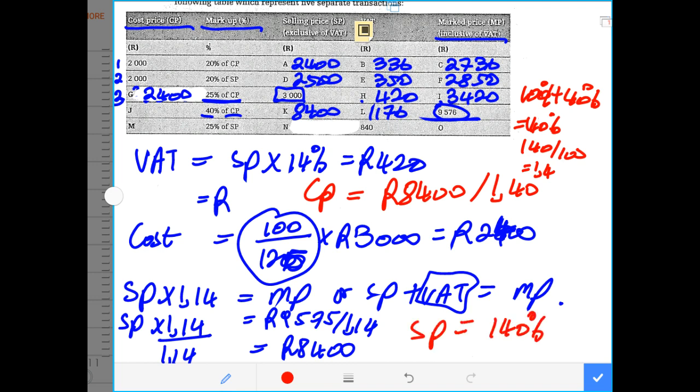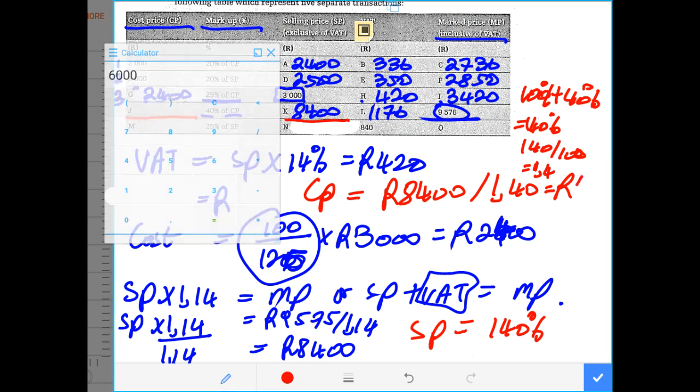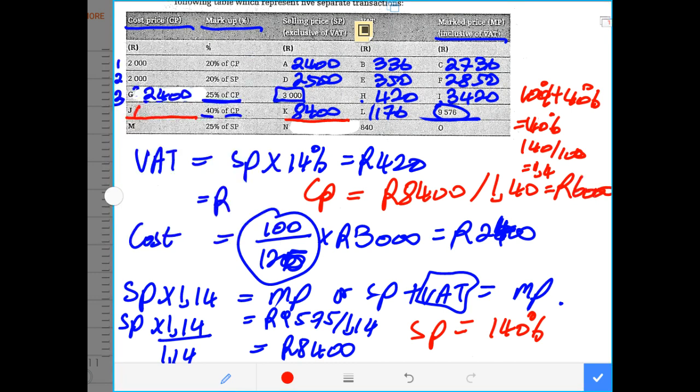So now we are looking for the cost price, which is 100%, out of the selling price, which is 140%. That is why we just divide by the decimal to remove it. So now if we say 8,400 divided by 1.40, how much do we get? We get 6,000. 6,000 becomes the cost price.